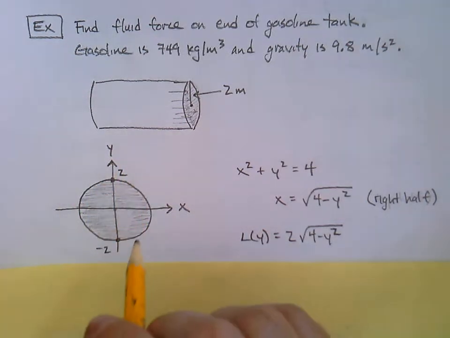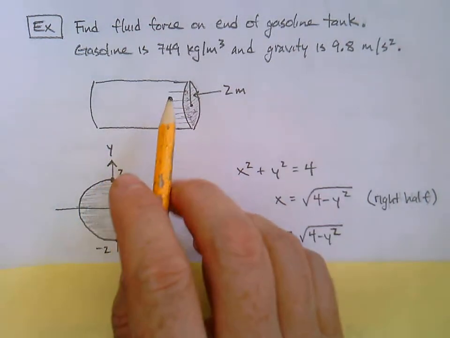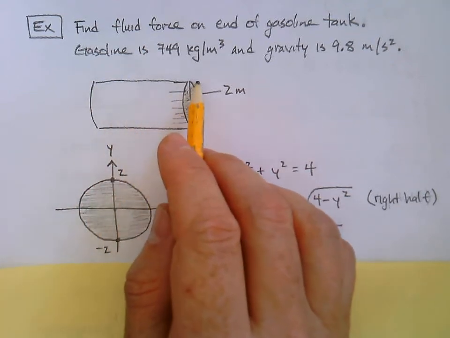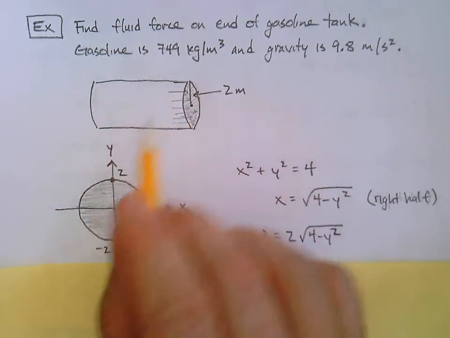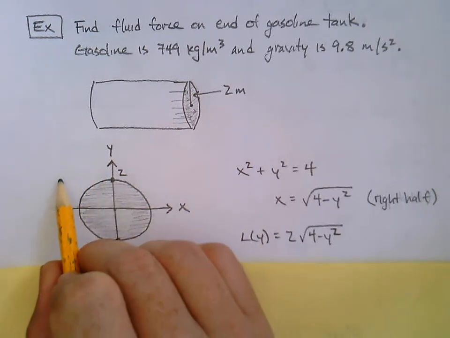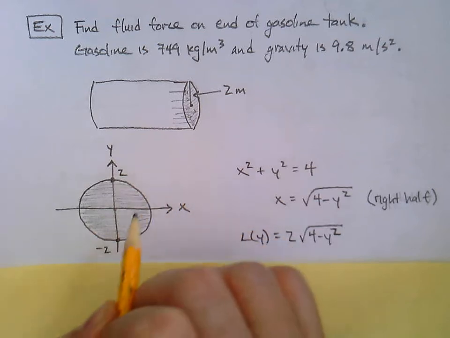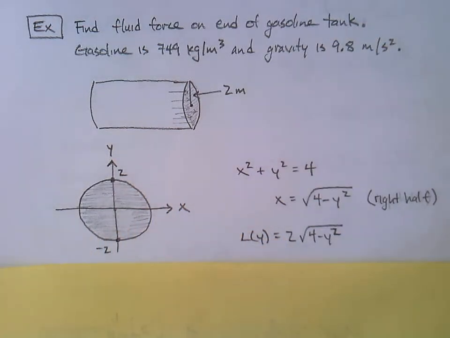If we did it in a way that was consistent with the previous example, the fluid level is the top of the tank. It's completely filled. So would you want to make your x-axis go through that point at the top? You could, but just for the way the equations are going to come out, I recommend you don't.